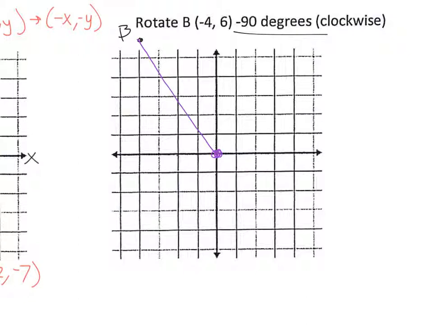So it's going to be about over here. The slope's going to be the same. See, I went down 6, right 4. So 6 and a 4. I'm going to go up 4 and right 6 over here. So this point's going to be 6, 4.